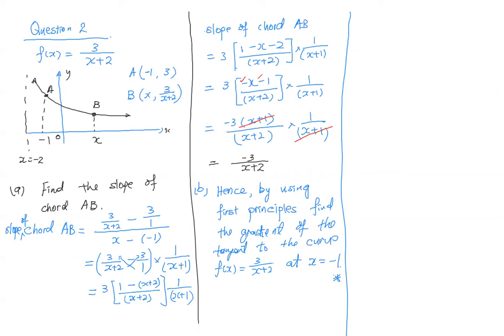Okay. So, class, the moment they use the word hence, that means, do you need to find the slope of the chord AB again? The answer is no. Usually if we set the question in this way, this part we will give 3 marks, and this part we only give you 2 marks.